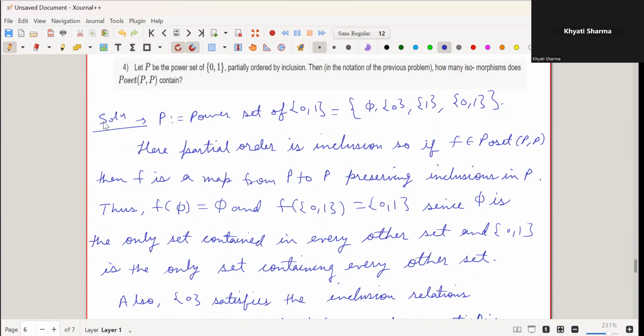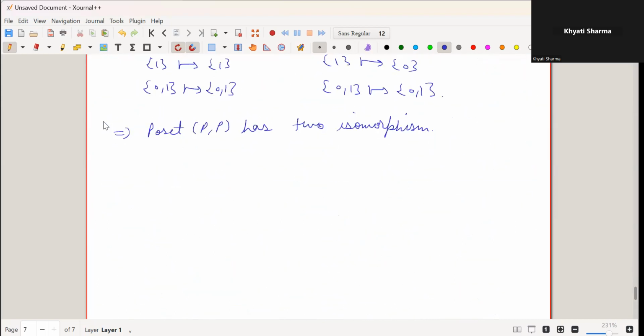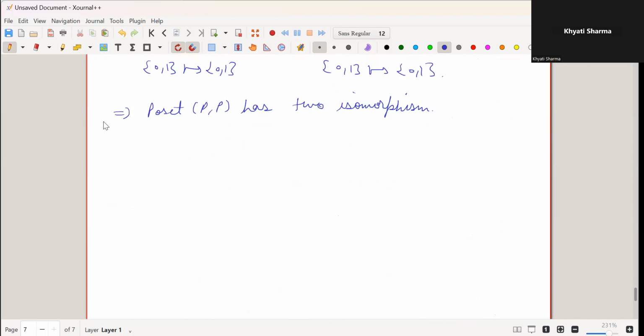So if f is an isomorphism, then we need this because otherwise we could just simply map everything to a single element and say it will satisfy the partial inclusion relation. Okay, so that's the end of question number 4. We can move to question number 5 now.